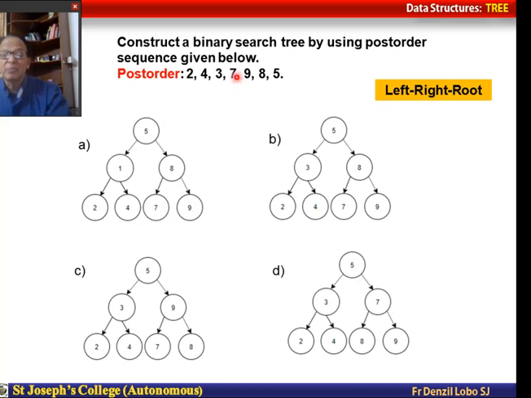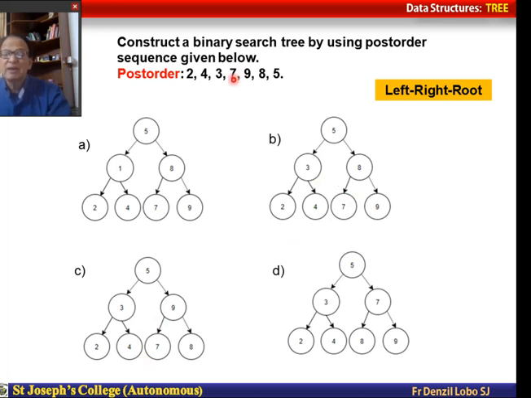Then we come to 7, left, root. So left, right, root; root should be 3. In three cases it is correct. Then again, left, right, root. This should be the left of the right subtree. It is correct in these two. Therefore it has to be one of these.